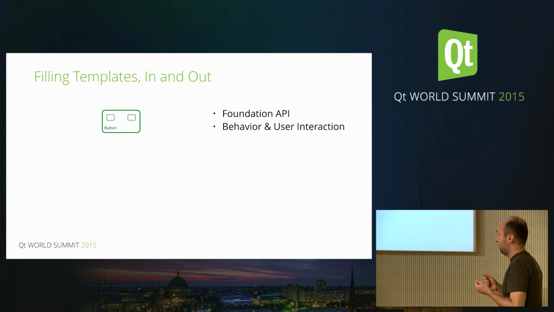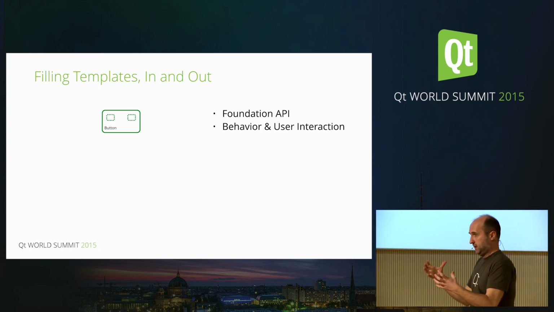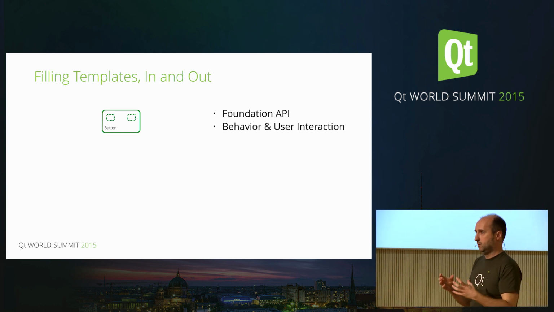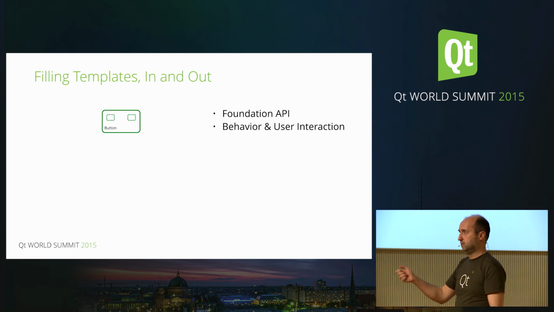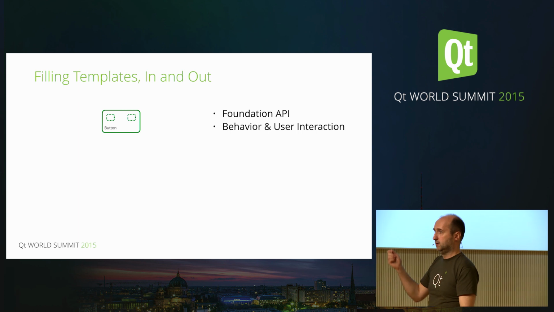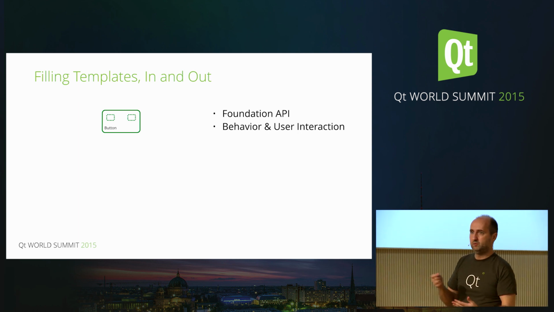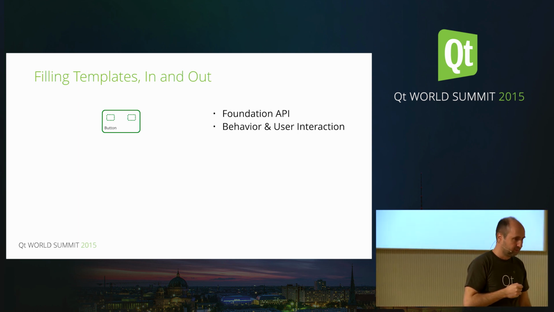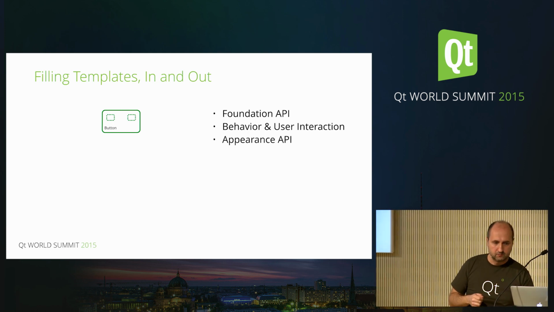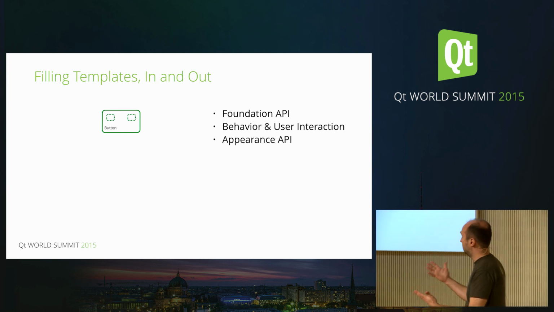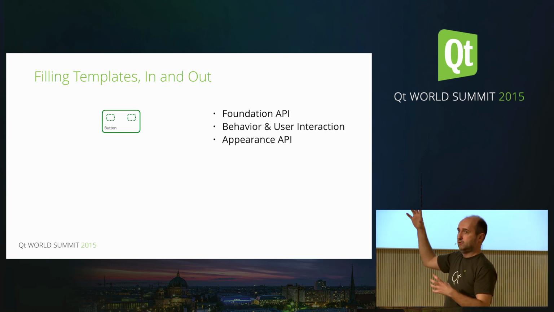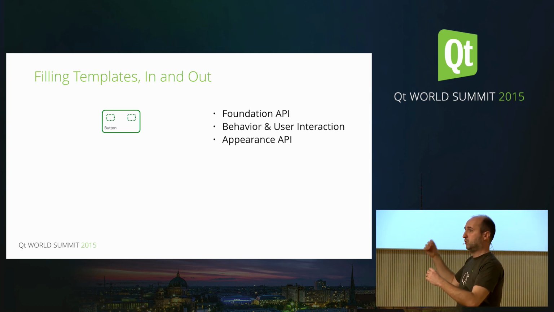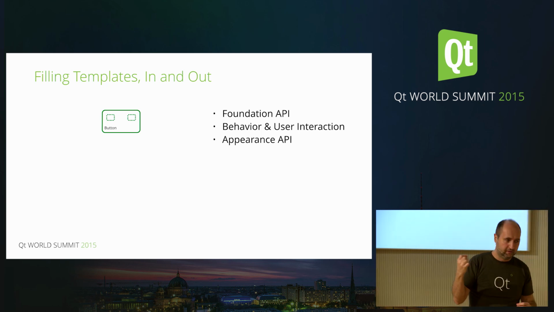We also provide the behavior, something that behaves like a button. If the user clicks or selects with the keypad or something, it will emit the click signal. If it's just pressed, it will set the pressed property to true, and so on. And finally, an appearance API or a styling API. And these two small boxes there are just properties, placeholders for the style.